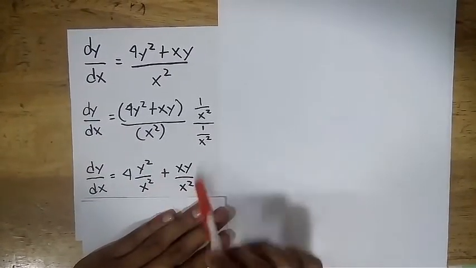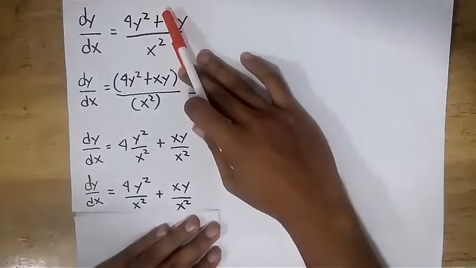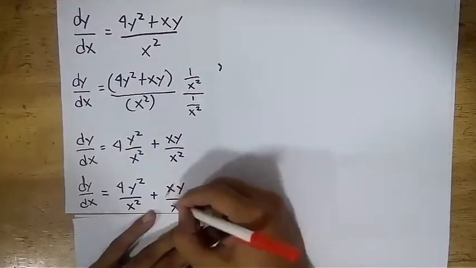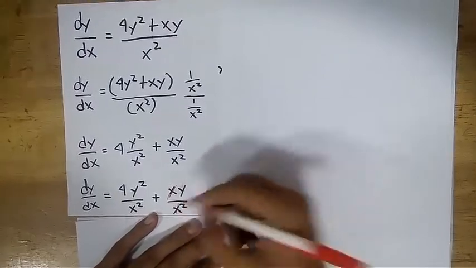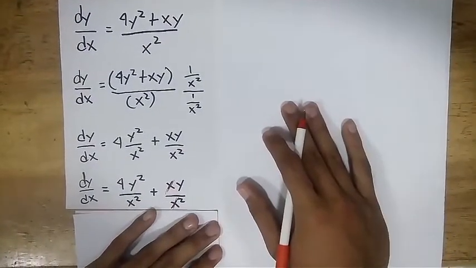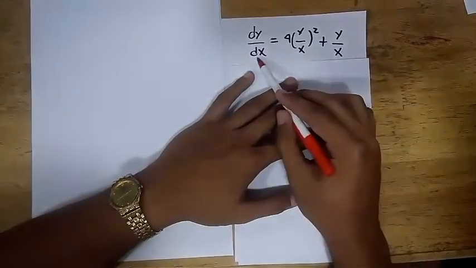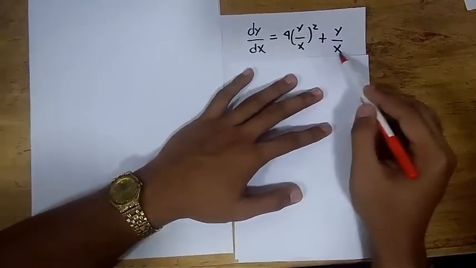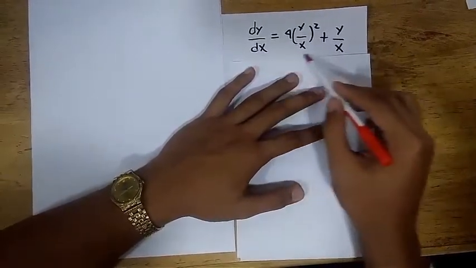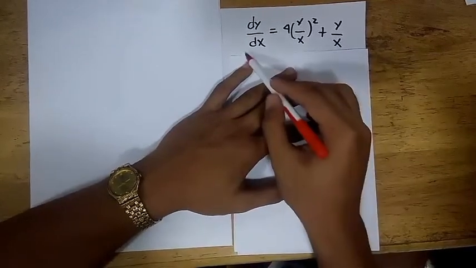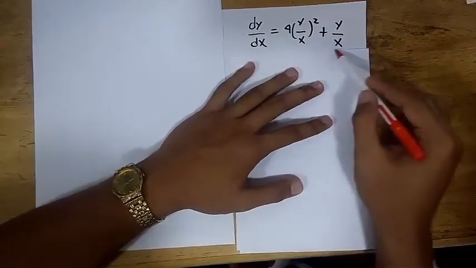Now let's eliminate excess x and factor from the equation. So dy over dx equals 4 times (y over x) squared plus y over x. Now we can proceed to solving the problem.